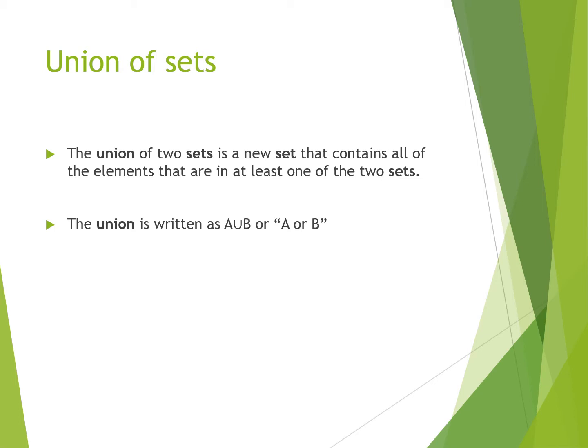The union is written as A ∪ B. The ∪ stands for union, or "A or B". So if you see questions with "A or B", it's still asking you for the union. Or A ∪ B, it's asking you for the union of sets.